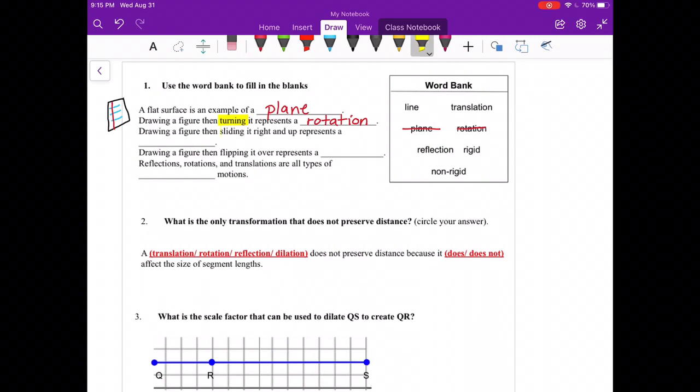Another keyword that I see is the word sliding. And we should know that a slide is a translation. So we write the word translation in the blank. Finally, I see the keyword flipping, so I'm going to highlight that as well. And we know that a flip is a reflection.